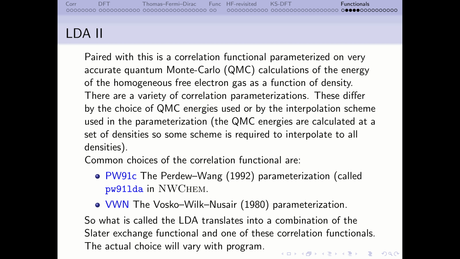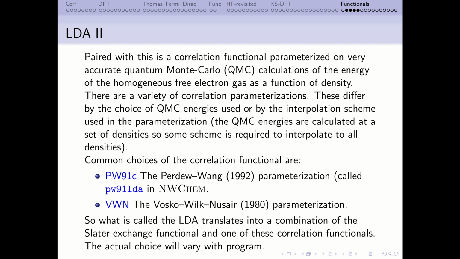Now, what about the correlation parts? Well, the correlation parts are more complicated. If you want to see what they look like, look at Carsten Ullrich's book, where he shows you some of the correlation parts we use when we specify the LDA or functionals like BLYP. There are two common choices. What was done for the LDA was that you can fit the density to various quantum Monte Carlo calculations of the correlation energy for the homogeneous free electron gas at different densities.